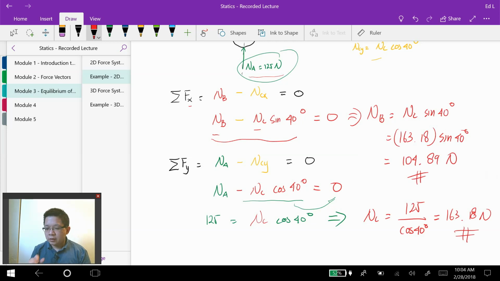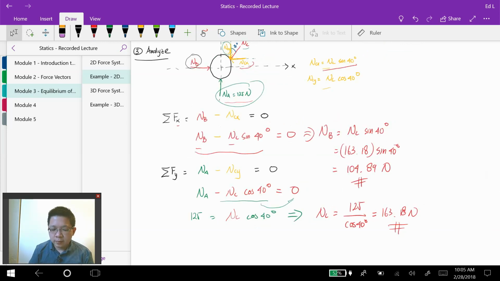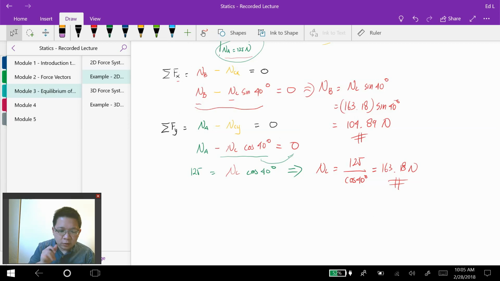Okay, so in here we already solved the problem, and it is always a good idea, right, to finalize everything. Okay, and usually I like to resketch the drawing.